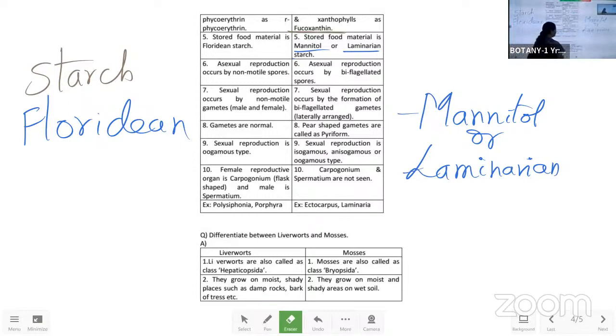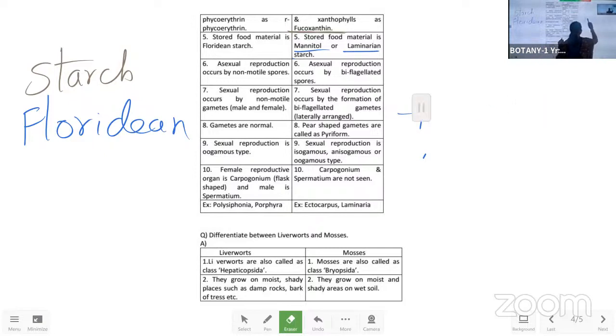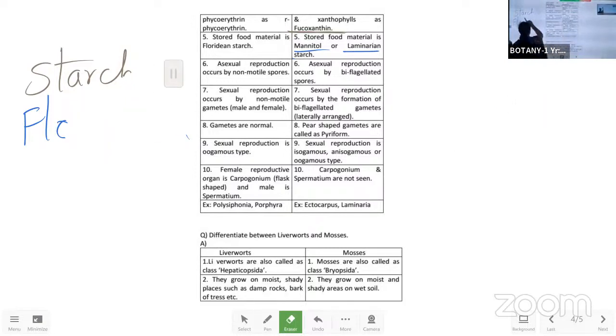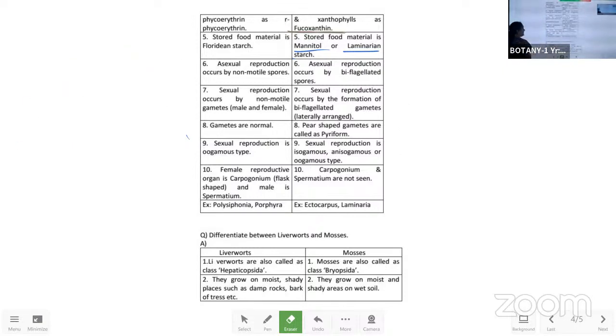Now comes the reproduction process. How does the reproduction occur? By asexual and sexual methods. The asexual reproduction occurs by the formation of motile spores in the brown algae. That means biflagellated spores are present. That is the asexual reproduction in the brown algae.